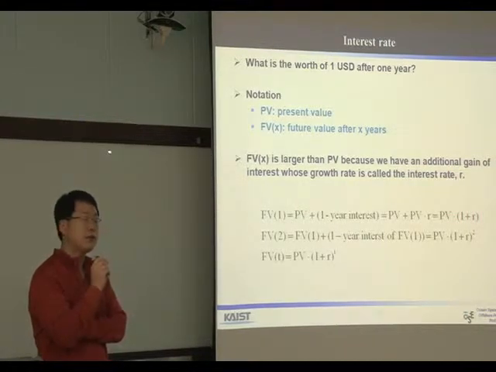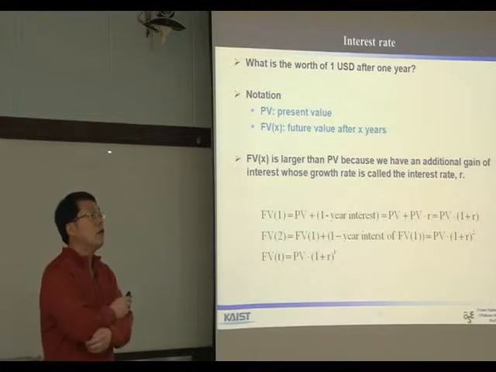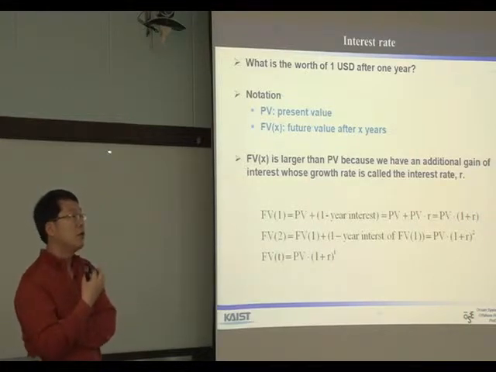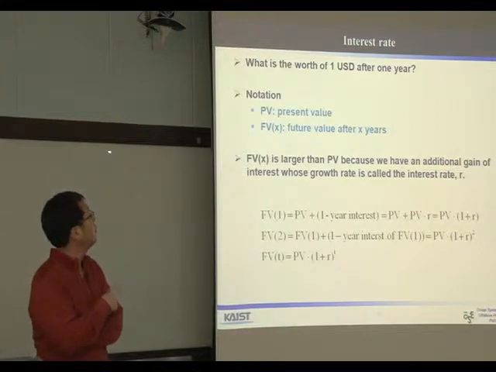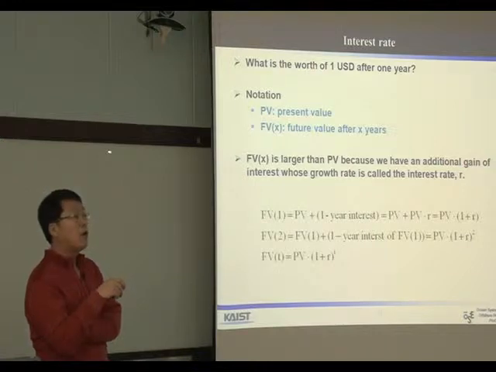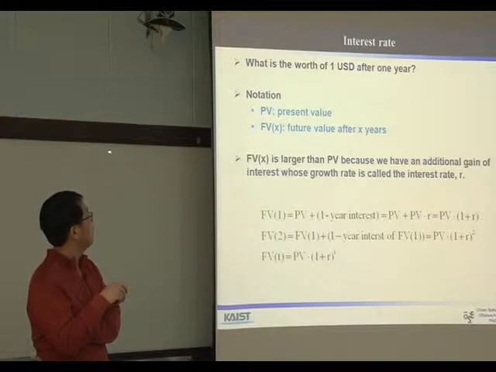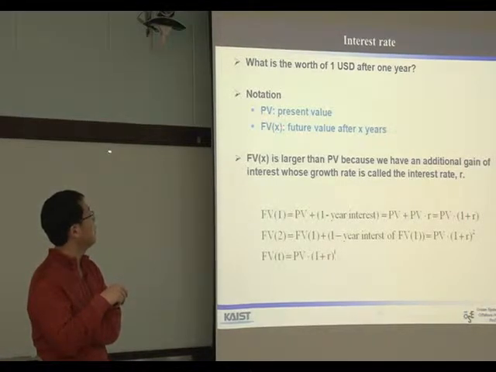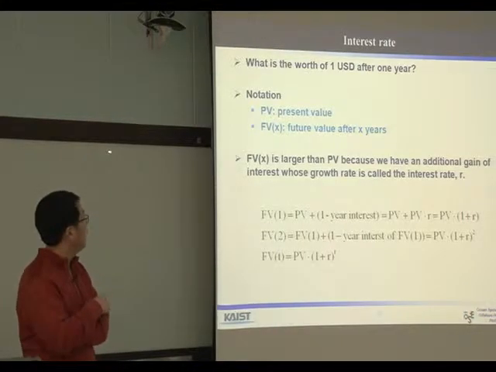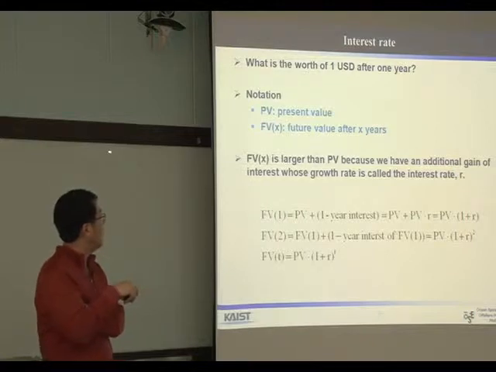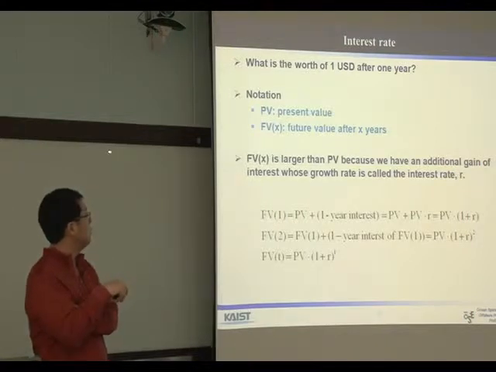We need interest rate to convert the value of your deposit in the bank after 1 year. So what is the worth of $1 after 1 year? If you use the notation PV, present value, FV, future value after X years later, then we have this kind of relationship.